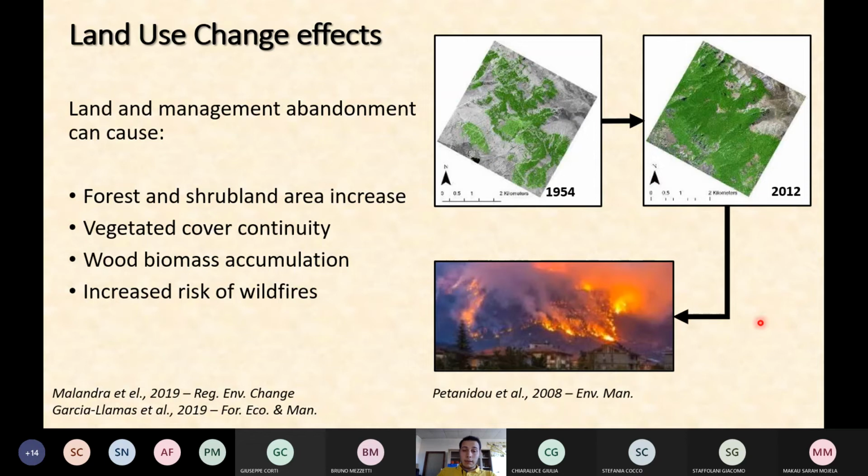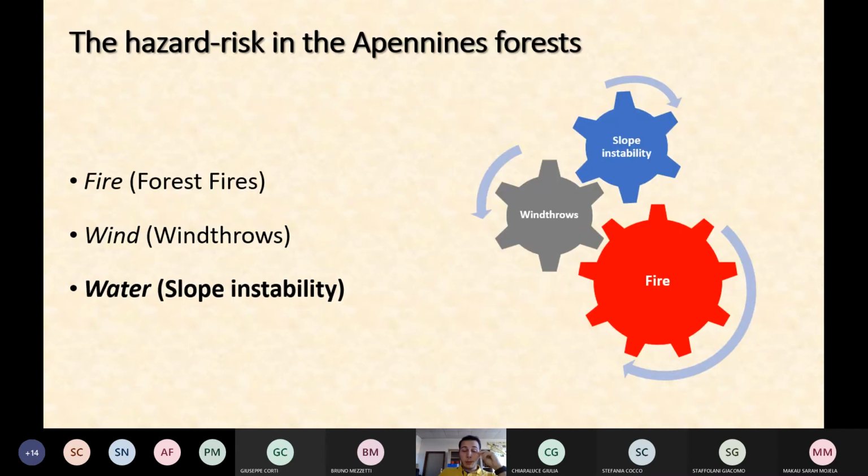And this is the case of a lot of areas in the Apennines, and can cause some ecosystem effects, like the increase of the vegetated cover continuity that leads to wood biomass accumulation, that can lead to the increased risk of wildfires.